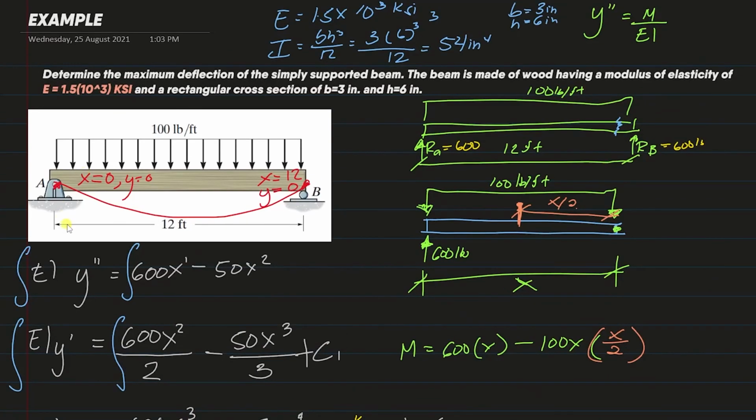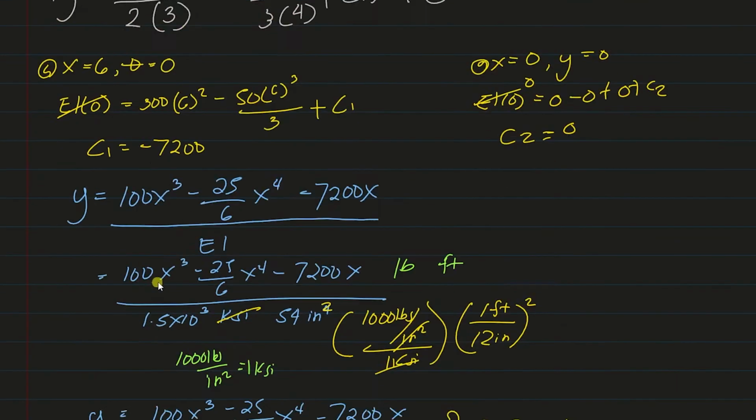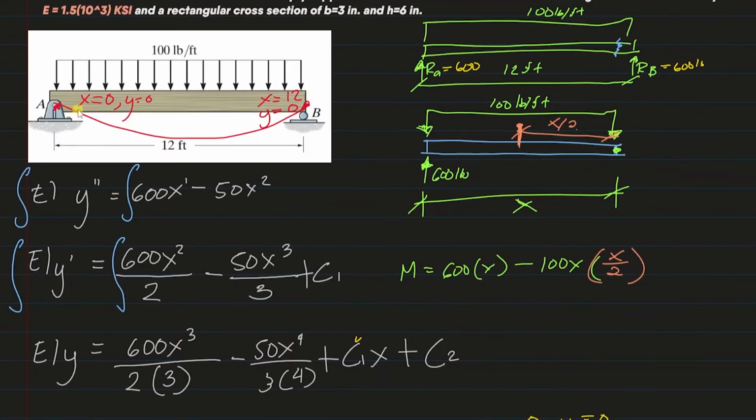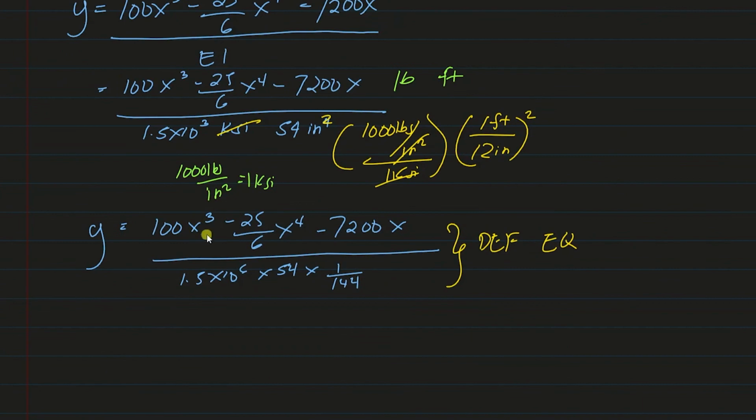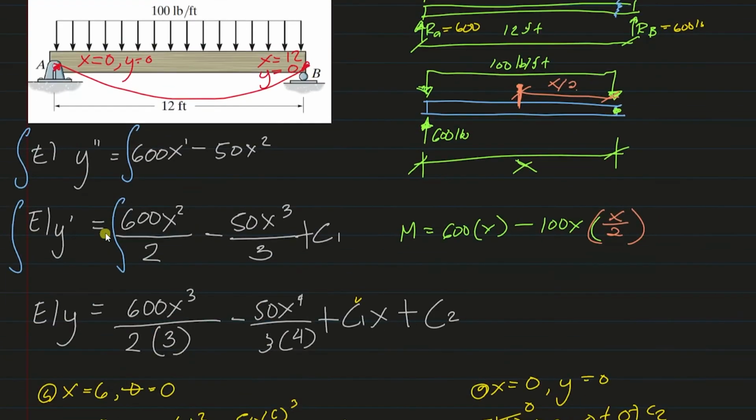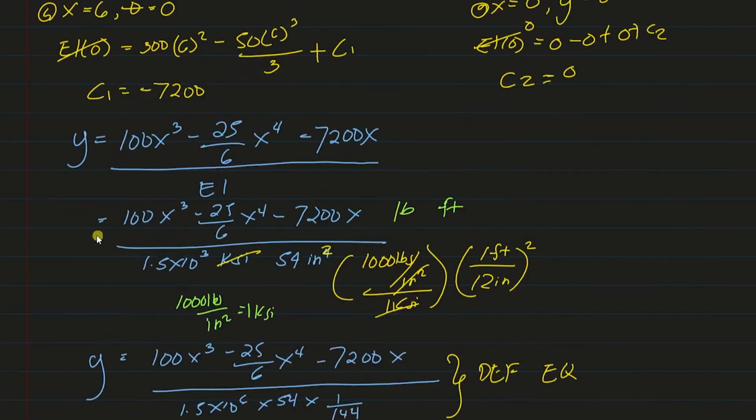Since, di ba, yung boundary conditions natin at x is equal to 0, y equal to 0, same likewise, x 12, y 0. So, kapag pinalitan nyo itong x ng 0 or ng 12, you should have a y equal to 0. Okay? So, dapat ganun yun. So, you can try it out to prove it.